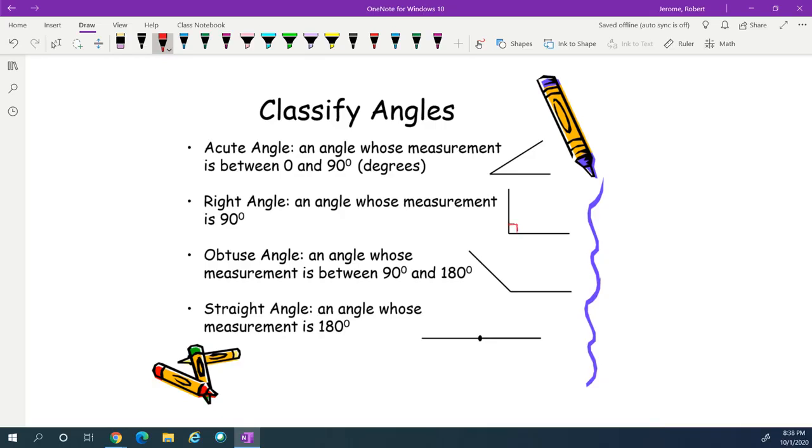And we've seen that like in right triangles. An obtuse angle measures between 90 degrees and 180 degrees. And a straight angle measures exactly 180 degrees. Everything we're doing right now is in degrees. So the units are very simple, very consistent. And nothing that we're doing goes past the 180 degree for an angle. They do exist. We're just not doing those right now.